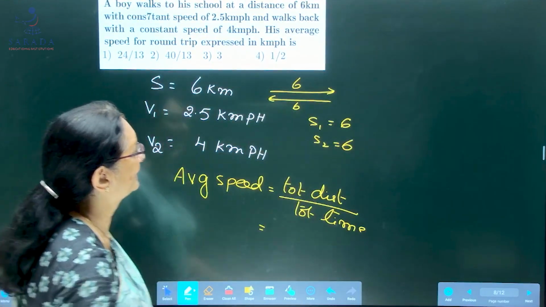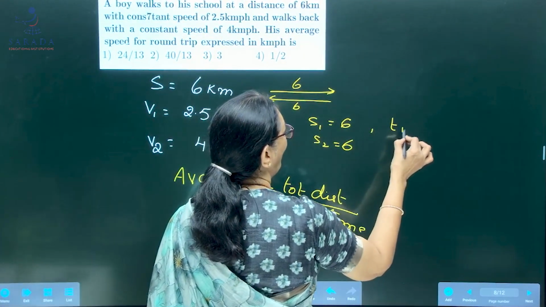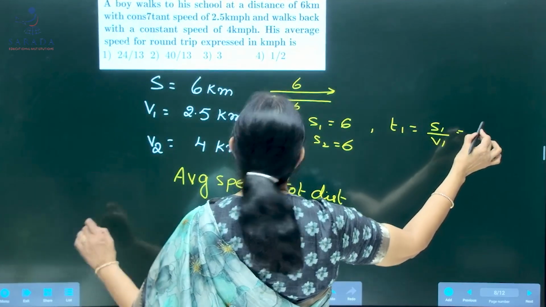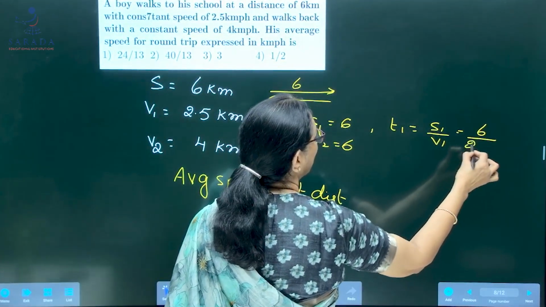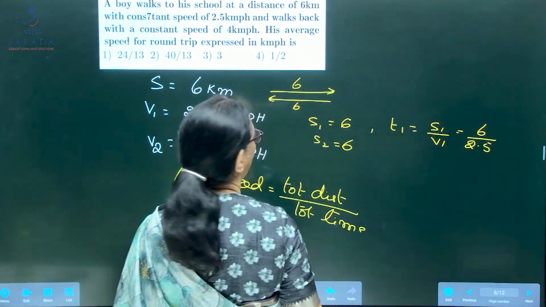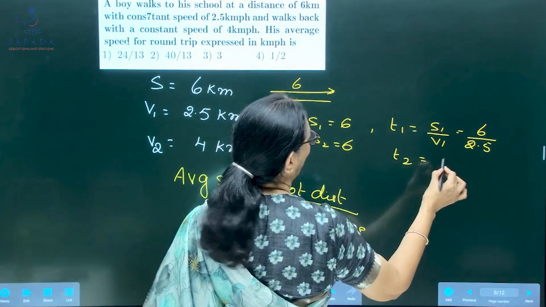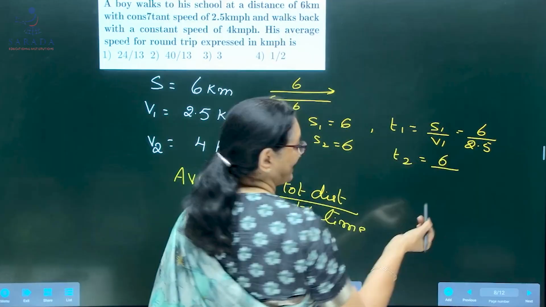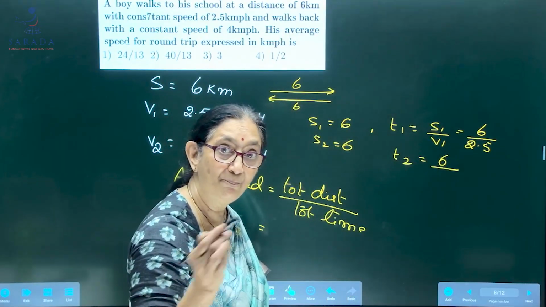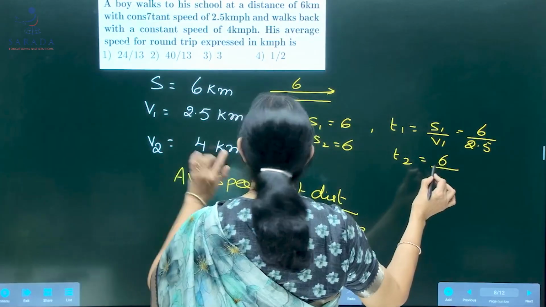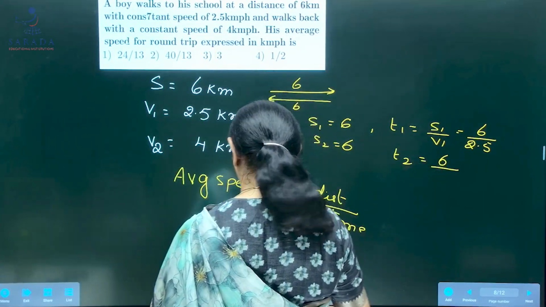And coming to the time, T1 is S1 by V1. S1 is 6, V1 is 2.5. Right? So, T2 is equal to S2 by V2. S2 is 6. Again, he is coming back from the school, so the same distance, 6, but V2 is 4 here.